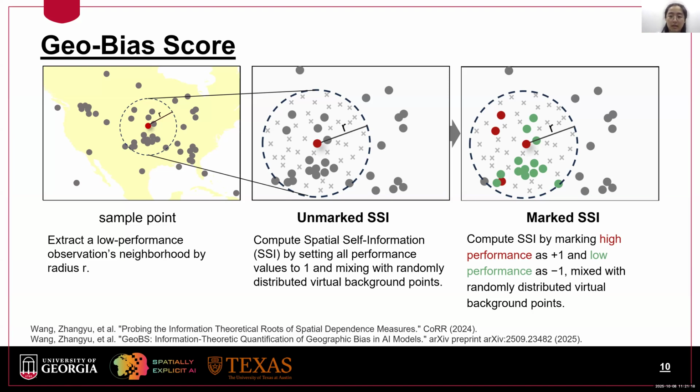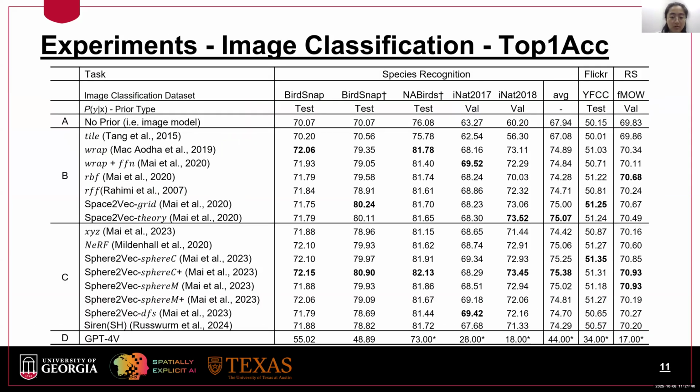This paper explains more about the geographic bias score, and we also proposed some other geographic bias scores in this paper. We are going to do more work on this, and we are going to propose a new package in the future for the geographic bias score.